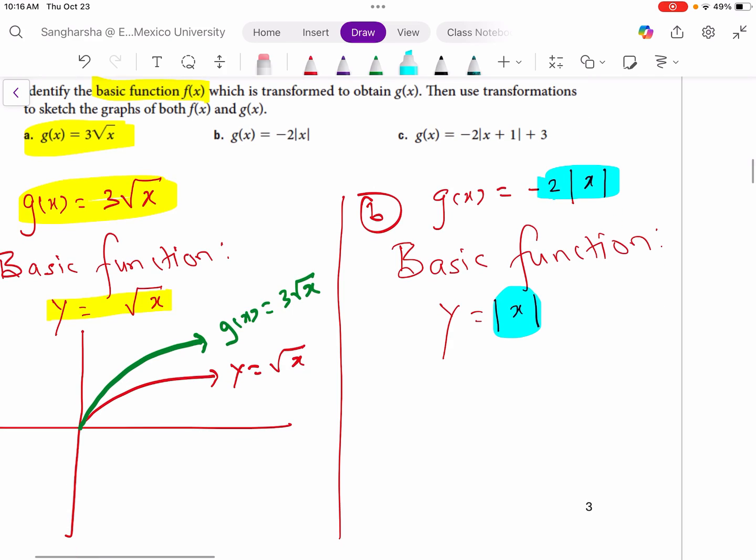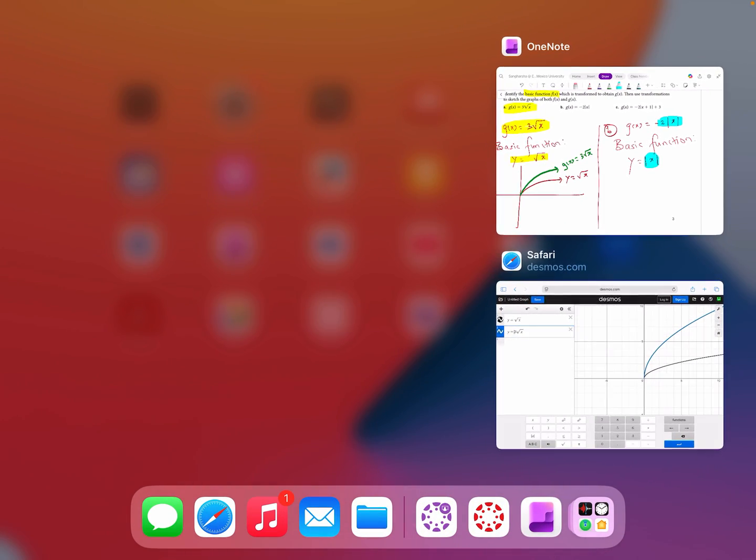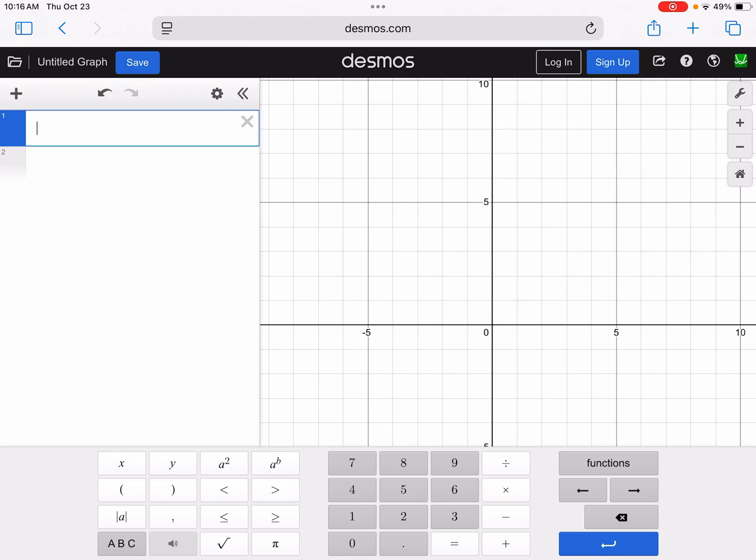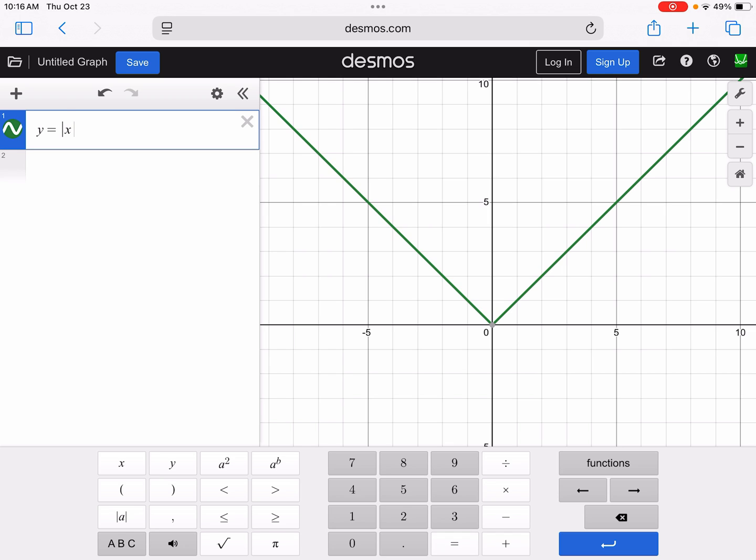Okay, so let me use a calculator. Let's start by drawing a graph of a basic function. Our basic function is y equals absolute value of x. Now we need to get negative 2. At first, let's multiply by negative.